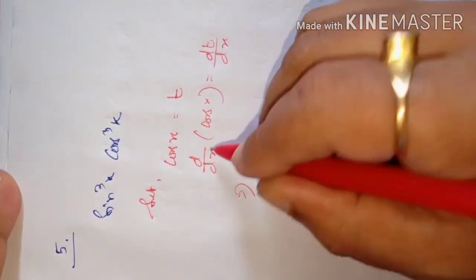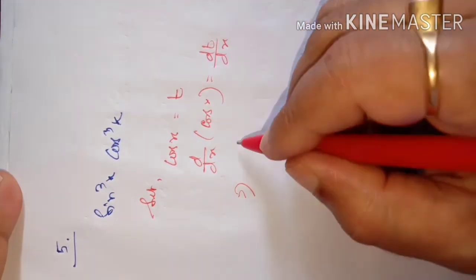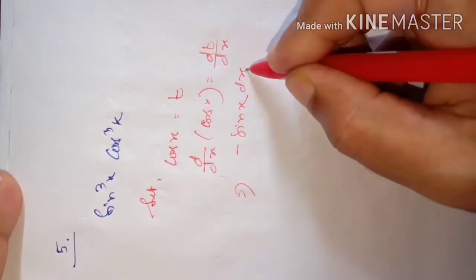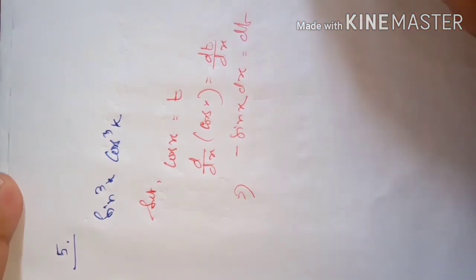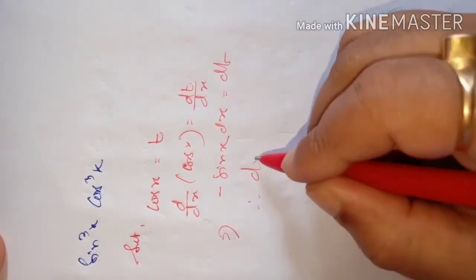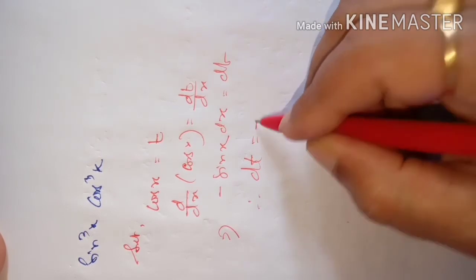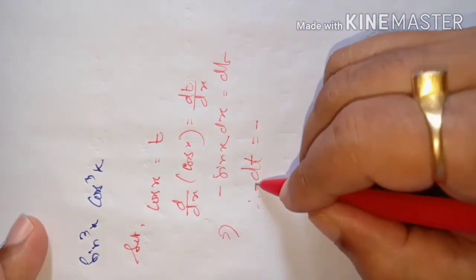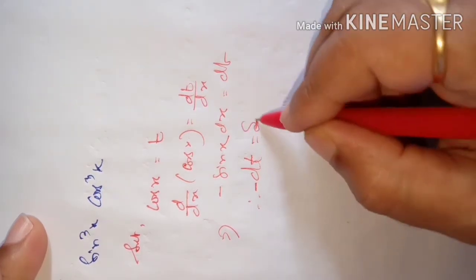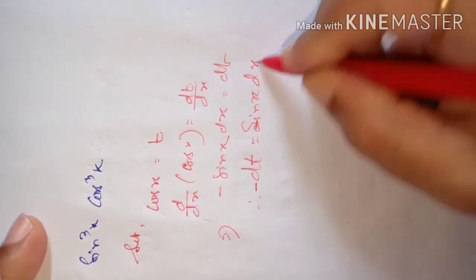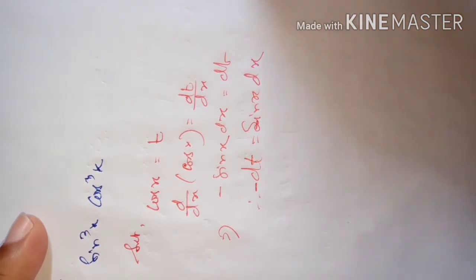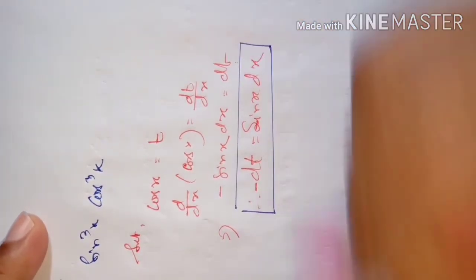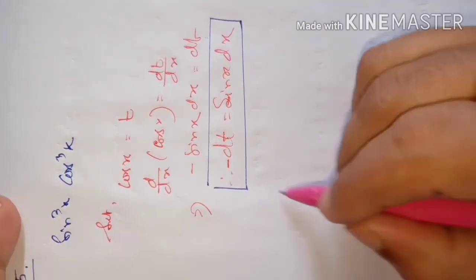The derivative of cos x is minus sin x, so if we take this dx here, it will be minus sin x dx equal to dt. Then we can write minus dt is equal to sin x dx, taking the minus sign to the right.